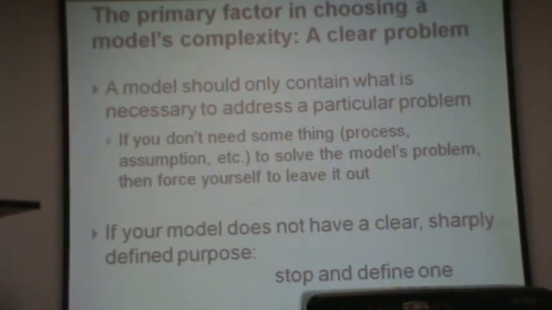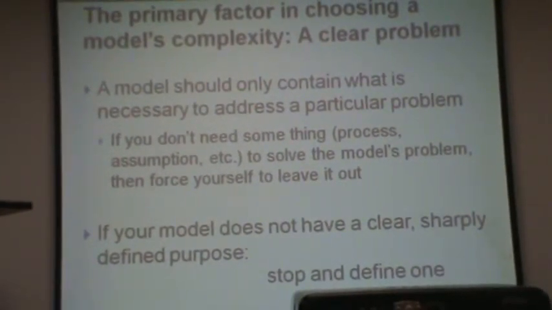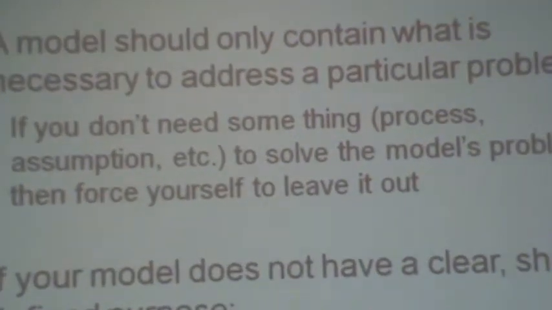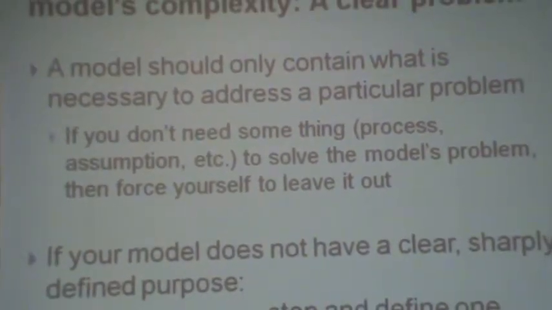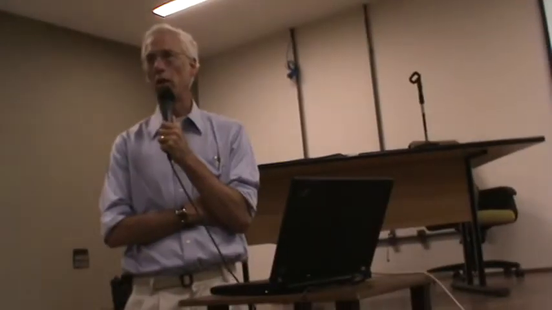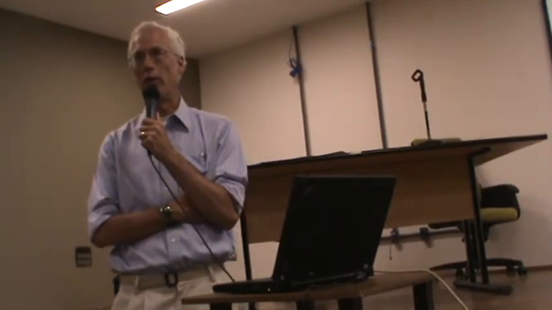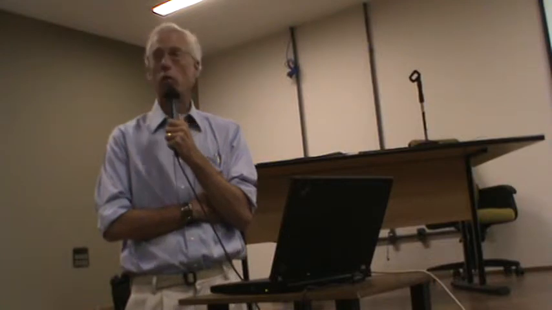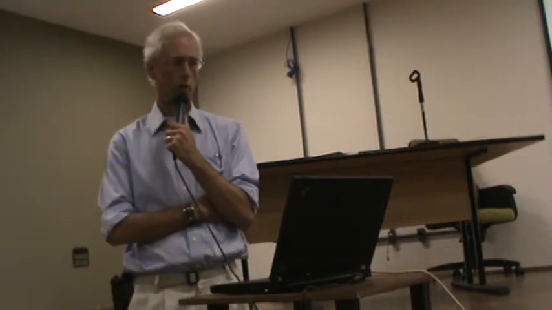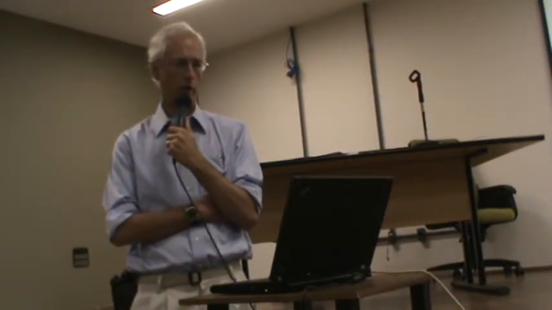So the primary factor in choosing a model's complexity, I think most people understand this intuitively, is to have a clear statement of the problem that the model is trying to address. So a model should only contain what is necessary to address a particular problem.